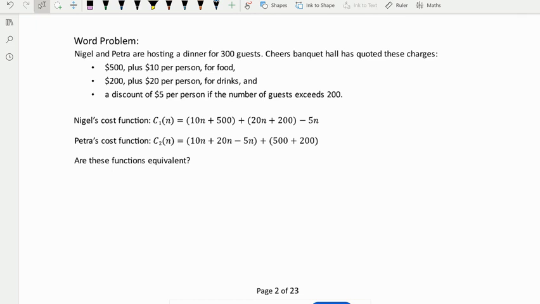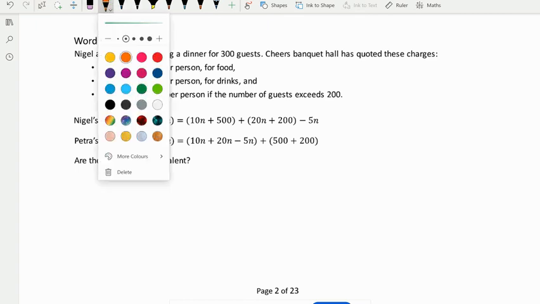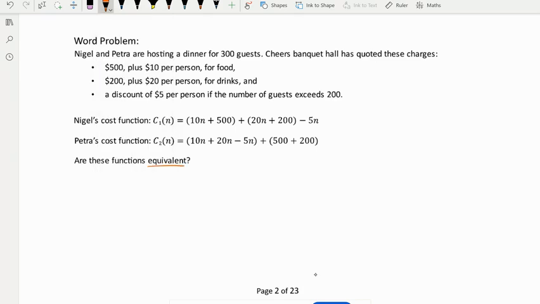So Nigel has a cost function, C1 of n is equal to 10n plus 500 plus 20n plus 200 minus 5n. Petra's cost function, C2 of n, is equal to 10n plus 20n minus 5n plus 500 plus 200. And the question is, are these functions equivalent? Well, equivalent just means, are they equal? Or are they the same?